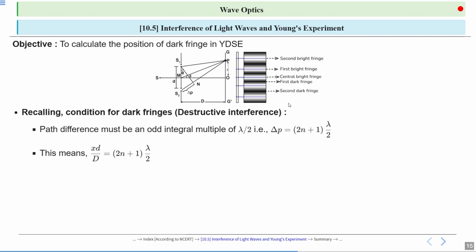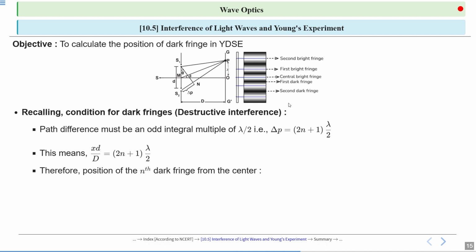Okay, so this condition translates into the equation xd upon capital D equal to (2n plus 1) lambda by 2, where x is the position of the dark fringe, small d is the distance between the slits, and capital D is the distance from the slits to the screen.